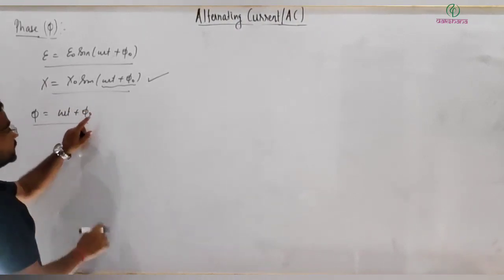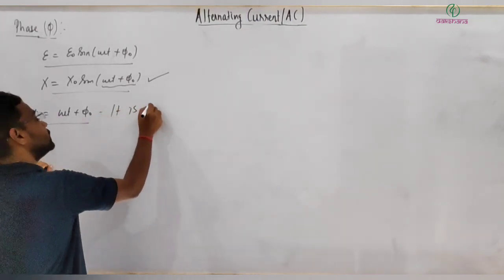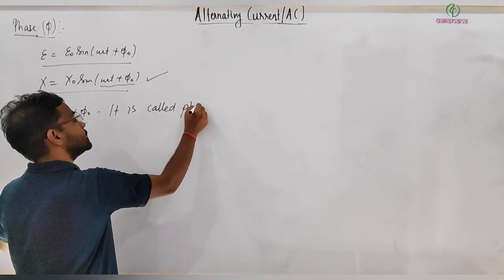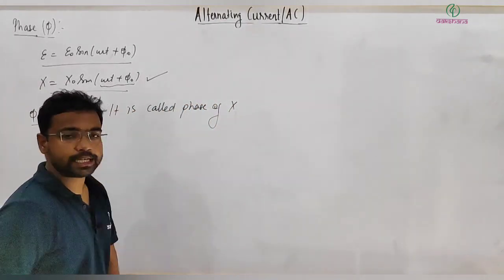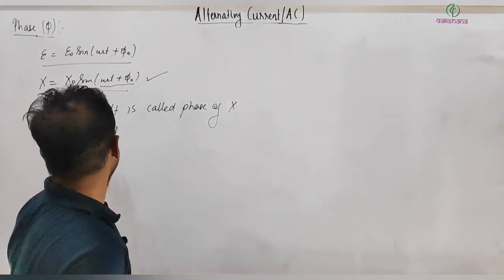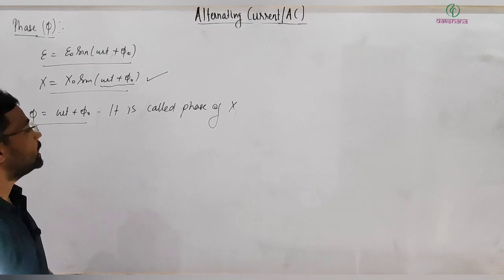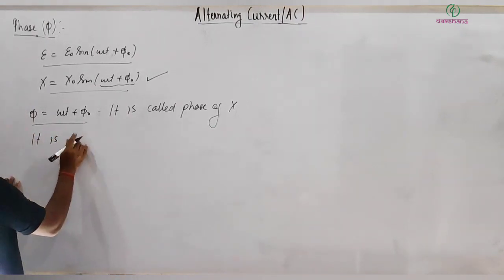This quantity is called phase of x. So x is what? x is any alternating quantity, then omega t plus phi naught is called phase of that alternating quantity x.